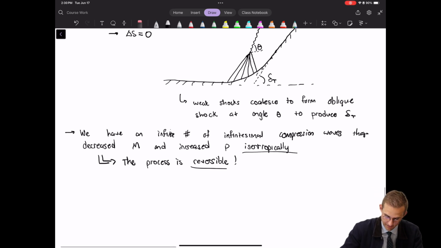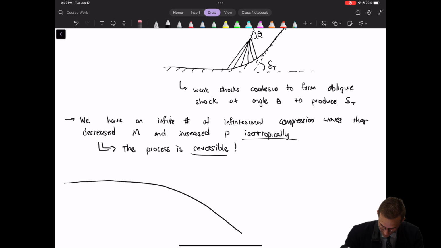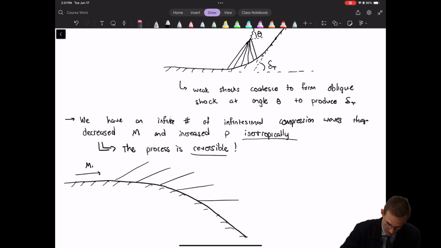Well, you could have the flow turning downwards like this. And so we have our initial M1 coming in like this, and then we have all these weak shocks at slightly different angles. Call this M1.